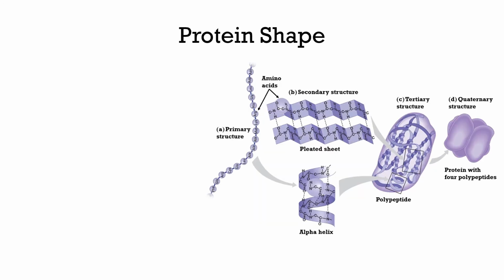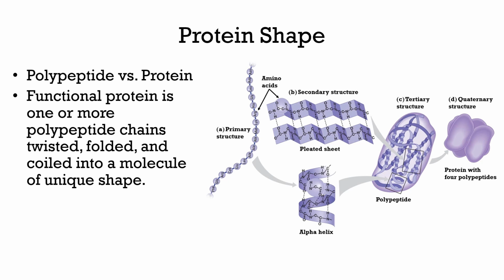So here is a little bit about protein structure. To go from a polypeptide to a protein, you have to have structural organization take place prior to being a functional protein. So protein is kind of like our end game. The polypeptide is this intermediate where it still needs to have a little bit of structure take place. A functional protein can often have more than one polypeptide chain put together, but even if it is just one chain, it's going to have to be folded and twisted and coiled into a very unique shape, because shape is essential for function.